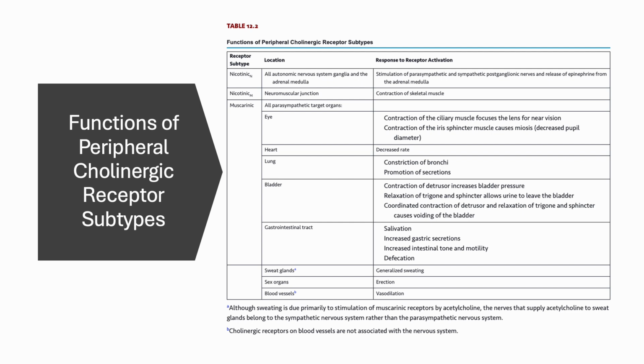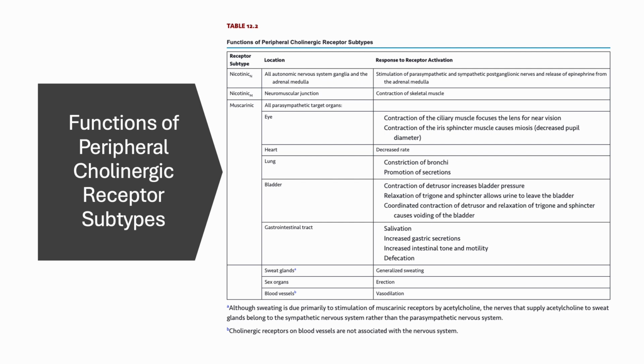Activation of muscarinic receptors, which are located on target organs of the parasympathetic nervous system, is going to elicit an appropriate response from that targeted organ. Specifically, muscarinic activation is going to cause an increase in secretions from the different glands found in the pulmonary system, GI system, and even our sweat glands.